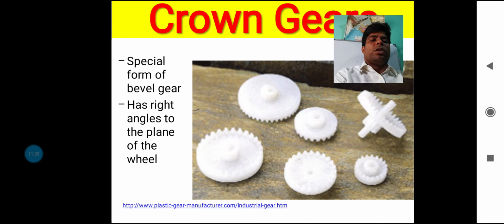These gears are mainly model or prototype types, formed at a special angle, and that angle is called the bevel angle. This type of gear is used for light functions, like toys, hand wristwatches, etc.